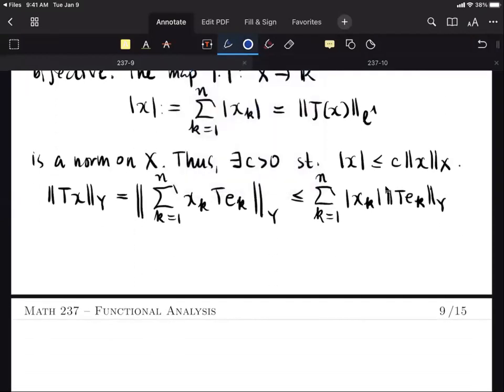If we set, let's say, if you calculate the maximum, so let us take the max of this, k from 1 to n.